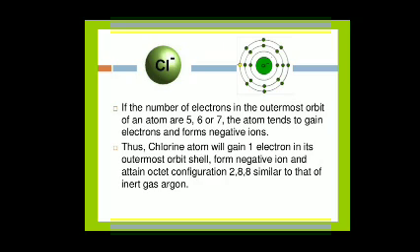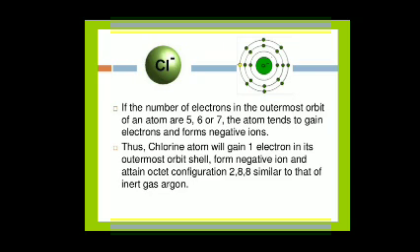The chlorine atom will gain one electron from the sodium atom in its outermost orbit to form a negative ion called an anion and attain the octet configuration 2, 8, 8, that is 1s2, 2s2, 2p6, 3s2, 3p6, similar to that of the inert gas argon configuration.